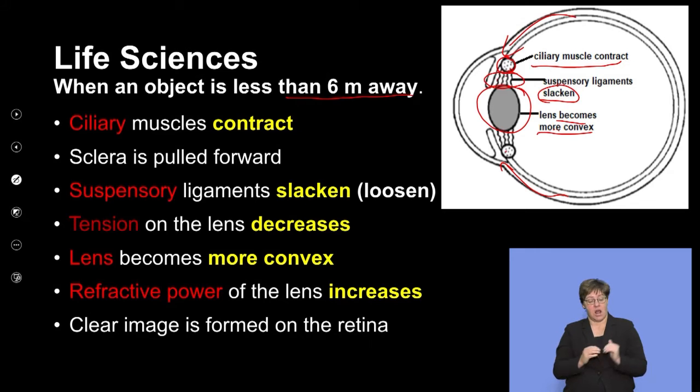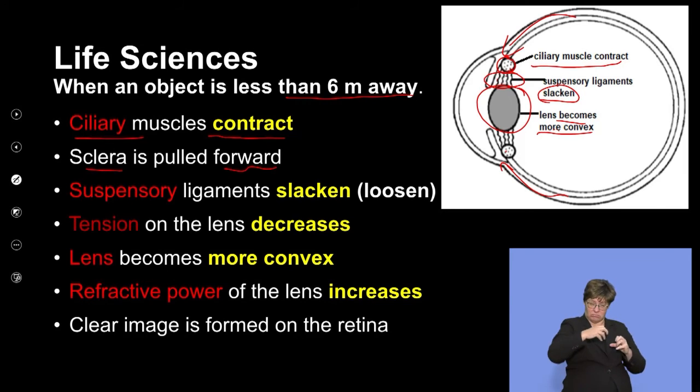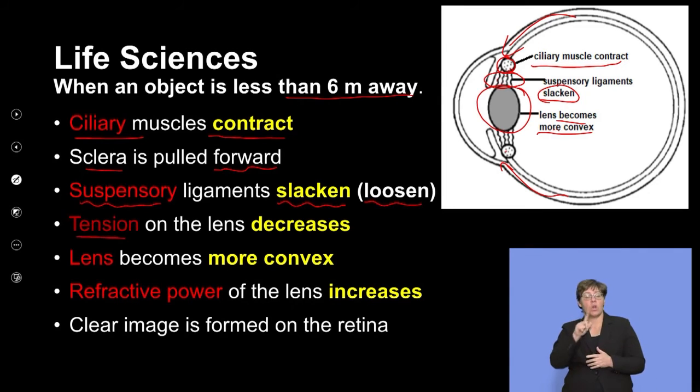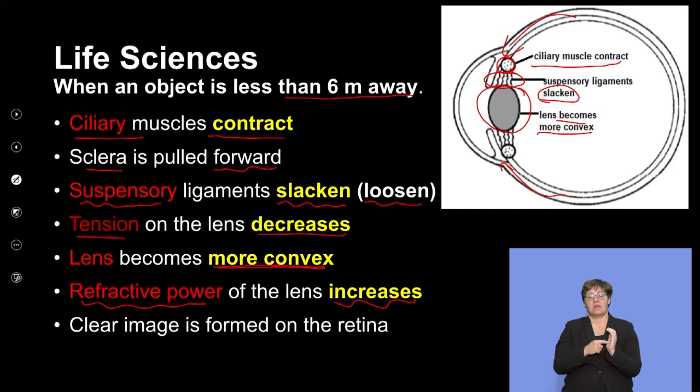Right, so let's have a look at what you must know. Ciliary muscles contract, remember it becomes bigger. The sclera is pulled forward. Suspensory ligaments slacken or loosen. Don't say relax, it's not a muscle. Tension on the lens decreases, it becomes more convex, right? And then the refractive power of the lens will increase and you will have a clear image on the retina.